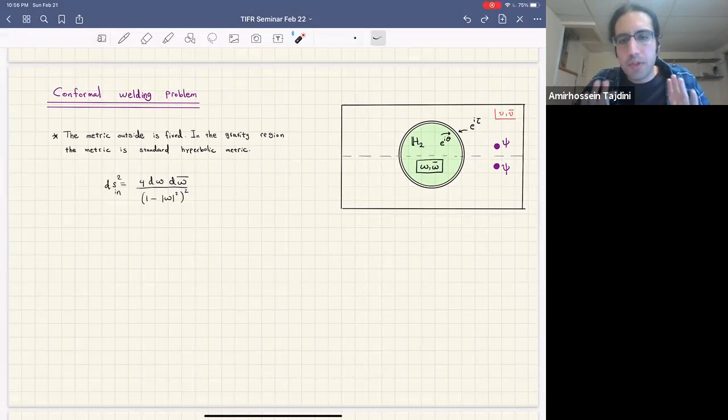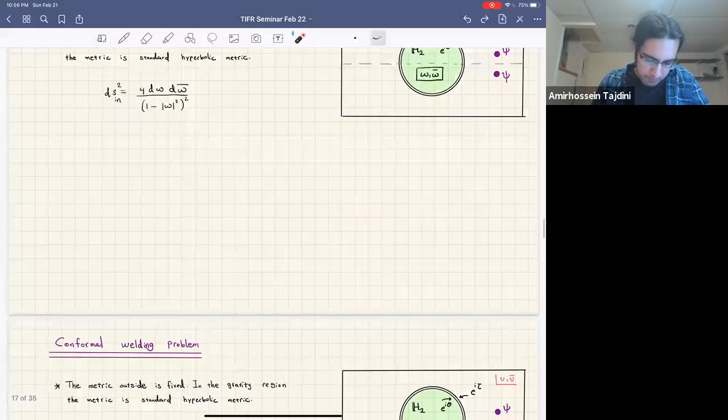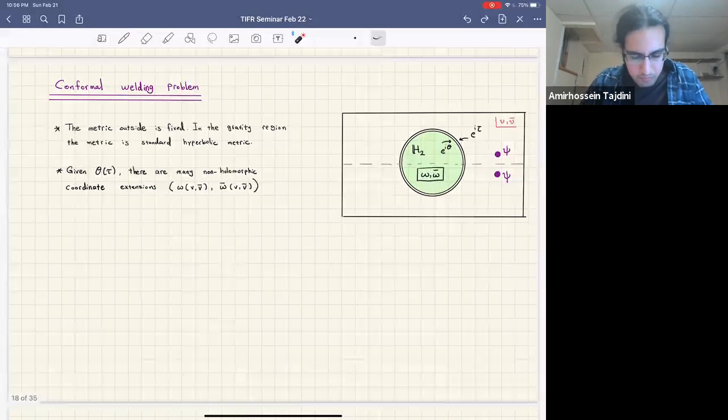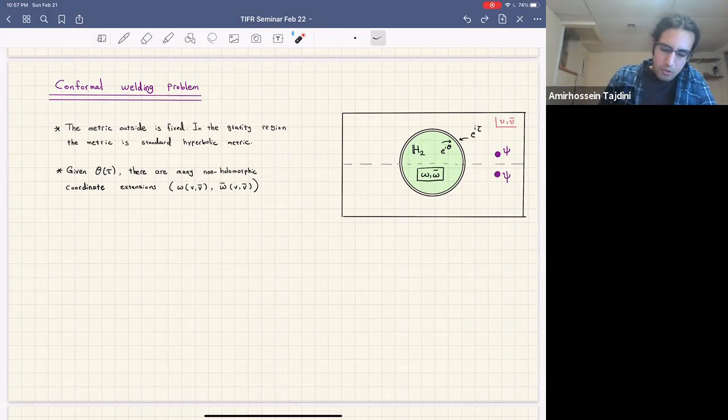Given theta of tau, there are many ways you can extend the coordinate v from outside to inside. You can write explicitly what the coordinates inside, w and w bar, are in terms of v and v bar. However, in general, this coordinate extension is non-holomorphic, meaning that w and w bar both depend on v and v bar.